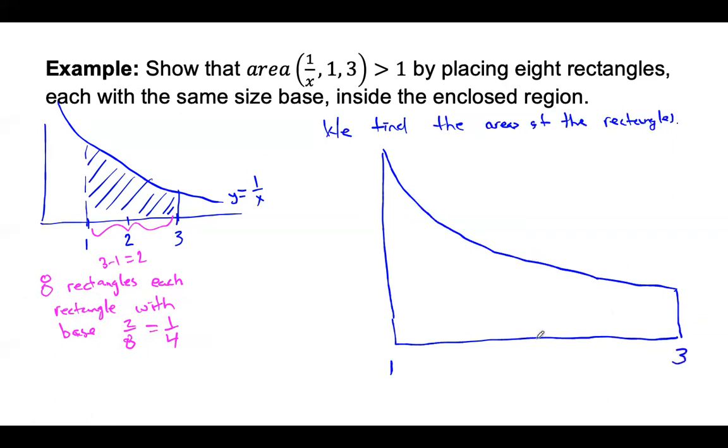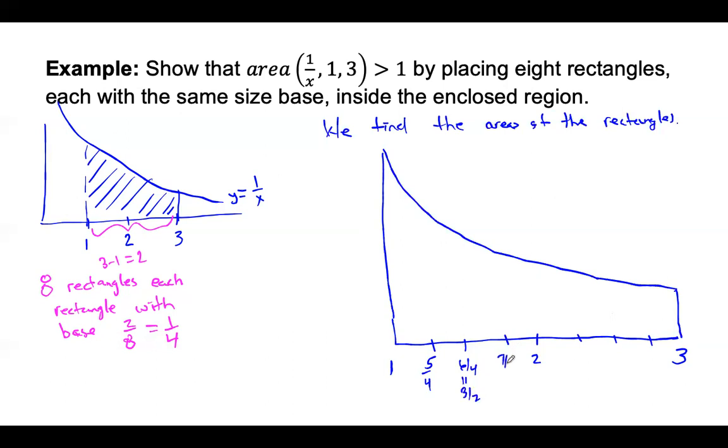In the middle here is 2. And then we can draw equal parts. So this is going to be 5/4. This is going to be 6/4, 3/2.